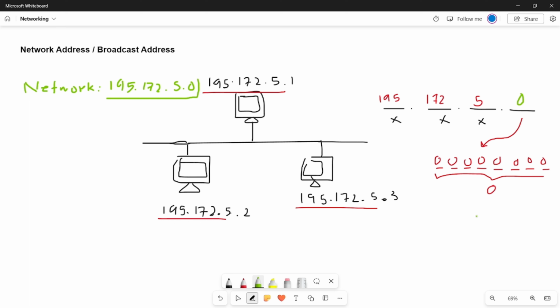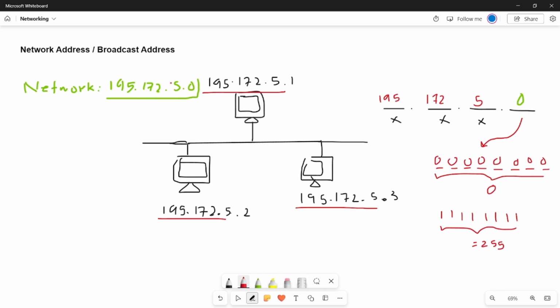If we want to calculate the broadcast IP address, the broadcast IP address is the last IP address of the network. To calculate the last IP address of the network, we can simply put 1 for all the bits of that block. If we convert this into decimal, it gives us 255.